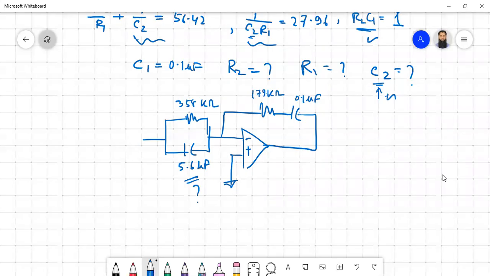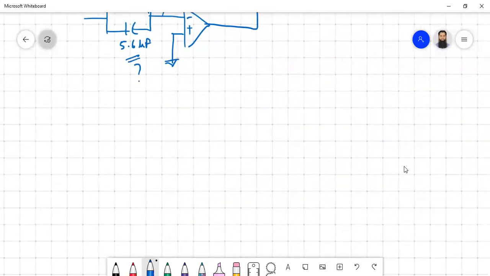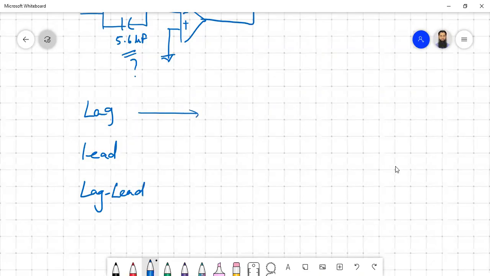Now the last thing is the passive circuit implementation. Okay, in the passive circuit implementation, basically instead of using the op-amp, you can directly implement using a resistor and capacitor network, and that will give you lag, lead, or lag-lead compensation. So for this one, the configuration is something like this: a resistor, then you have a resistor and the capacitor.